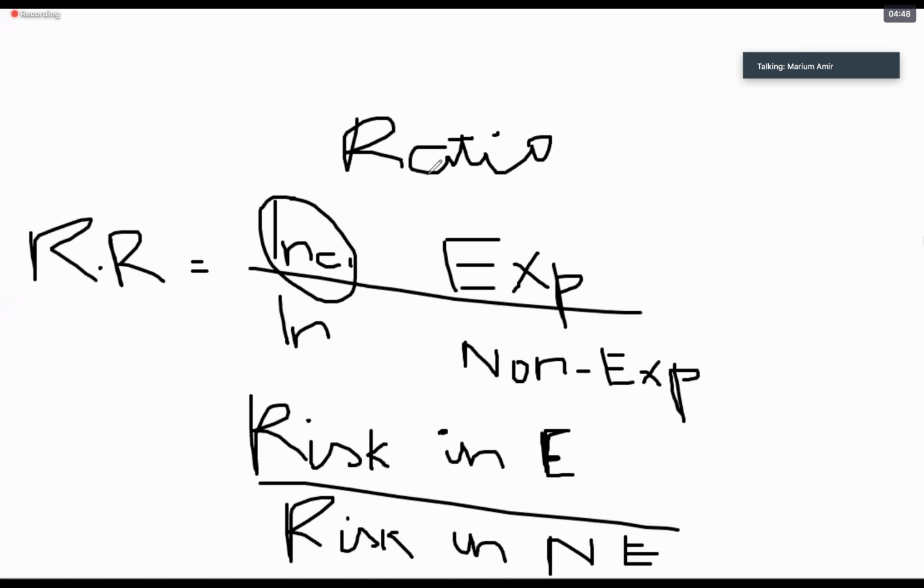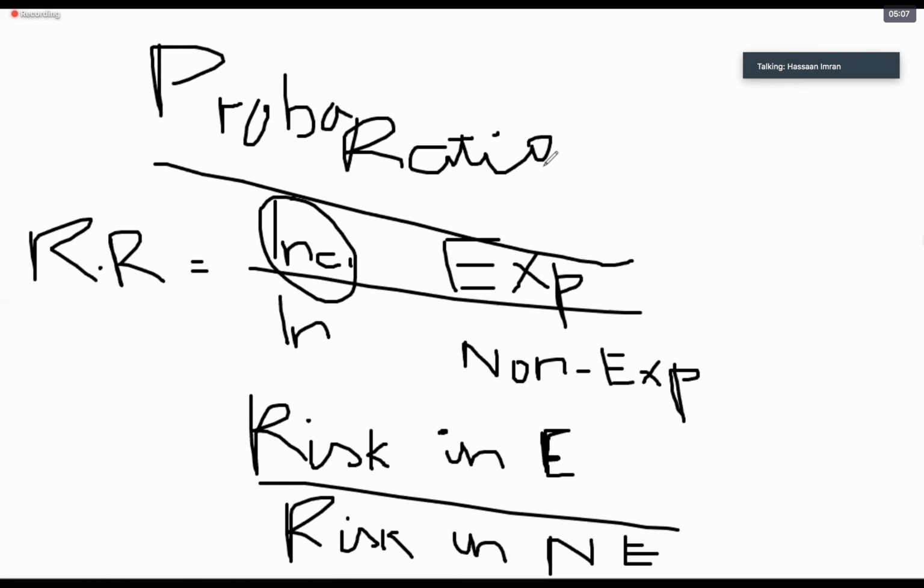Yes, because probability is a chance of having that disease. There are so many different things, but you all need to be familiar with them, because you may come across probability of disease among exposed, probability of disease among non-exposed.